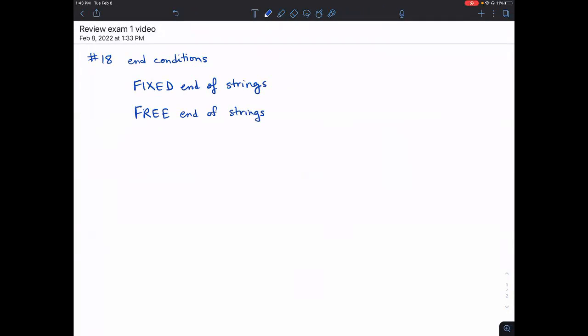And if you are doing a repeatable standing wave pattern with a natural frequency, the fixed end of the string will have a displacement node, meaning that the departure from equilibrium is 0. It's just standing. And the free end of strings will be a displacement antinode that goes to the largest displacement.